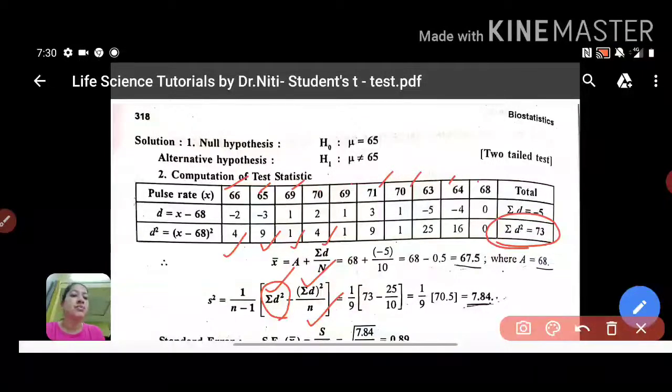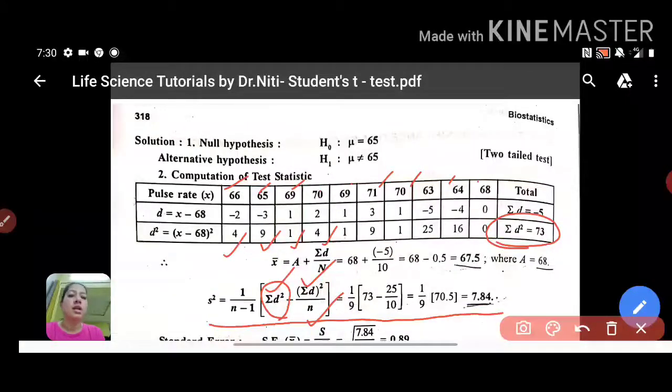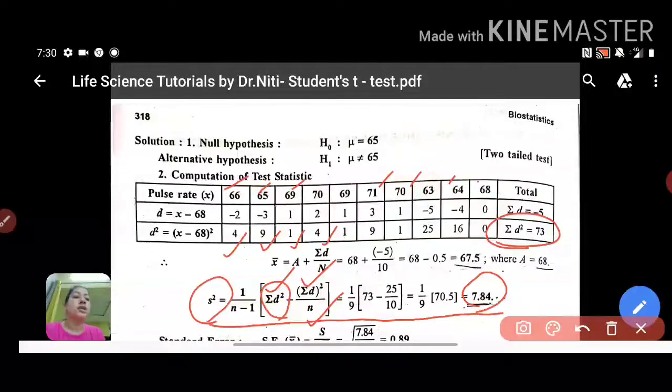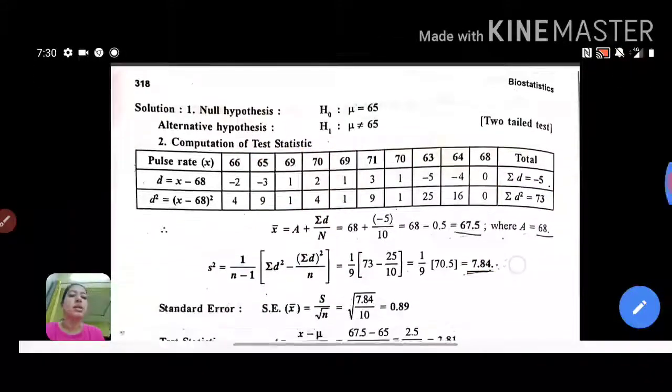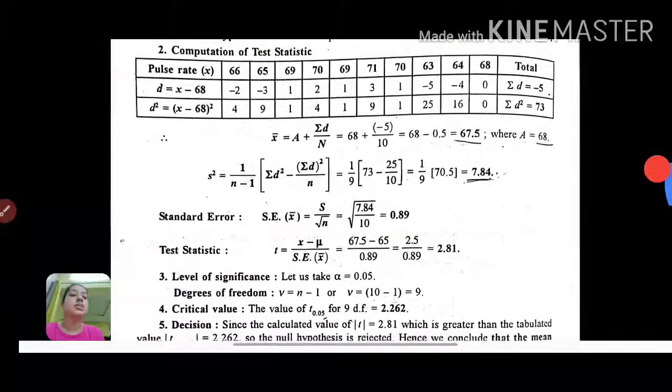So here n is equal to 10. After putting all these values, you will get standard deviation square is equal to 7.84. So you have determined here standard deviation square.